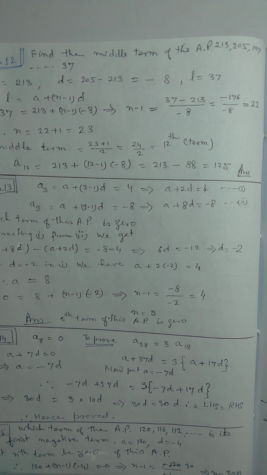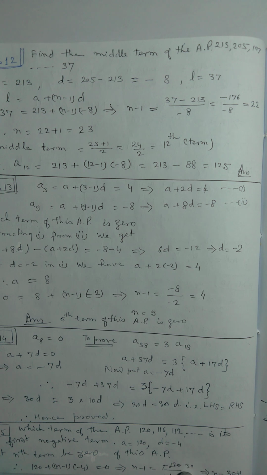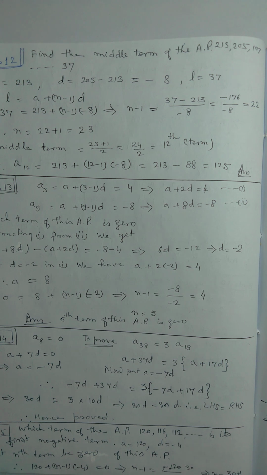So n minus 1 will be equal to minus 120 divided by minus 4, that will be equal to 30. So n is equal to 30 plus 1, that is the 31st term.